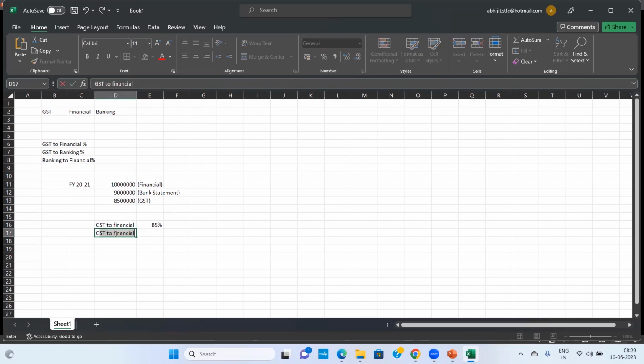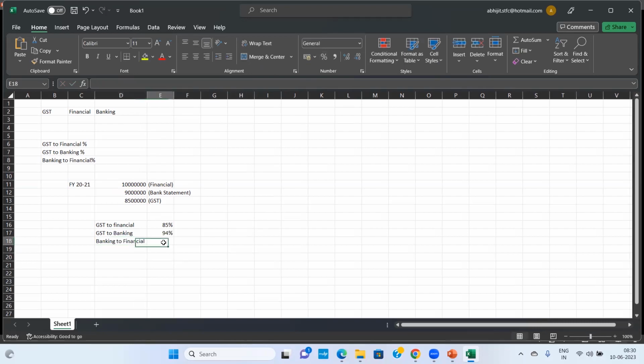Now GST to banking, 94%, and banking to financial. It's 90%.